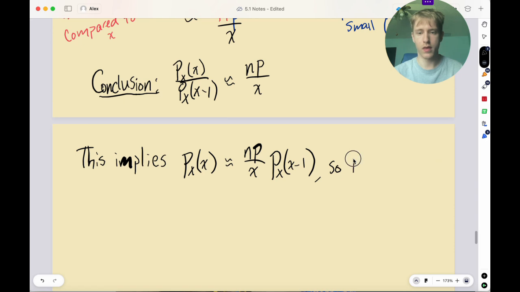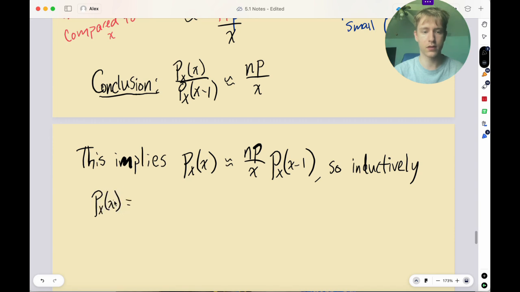So it stands to reason that we can continue this process inductively, and I'm only going to do this for one more step so you see the pattern. P of x is approximately np divided by x times the probability of getting x minus 1 successes.